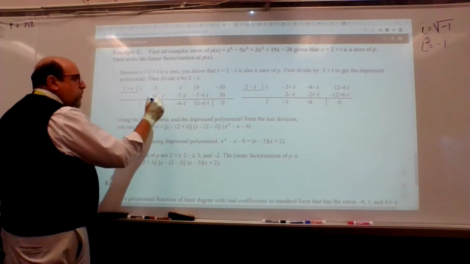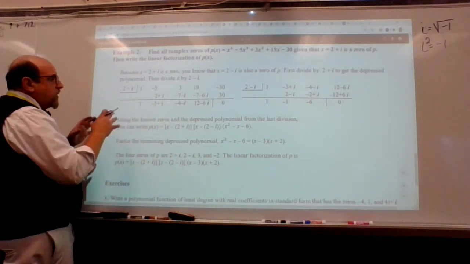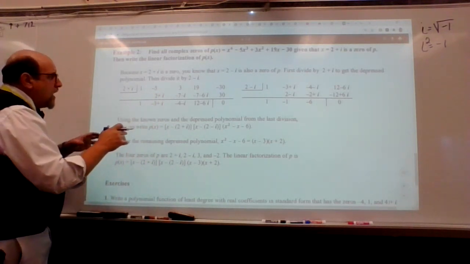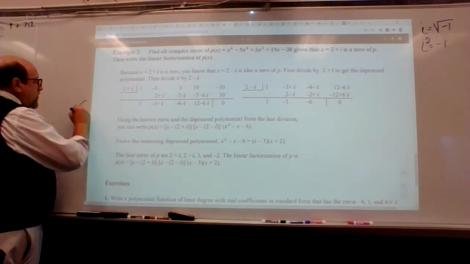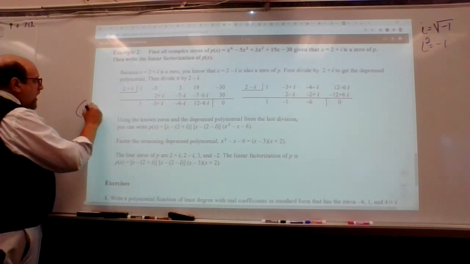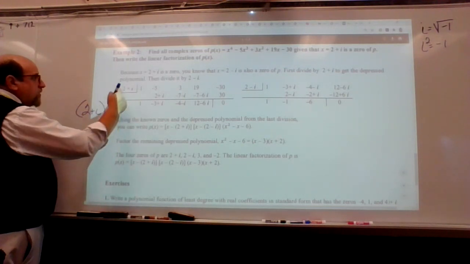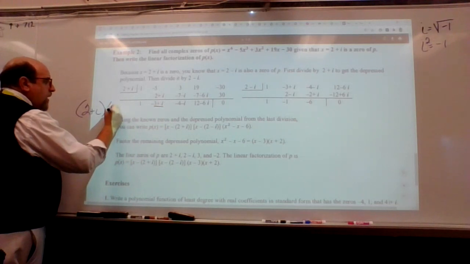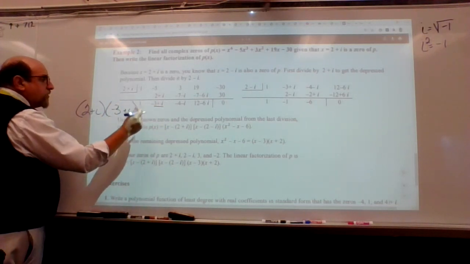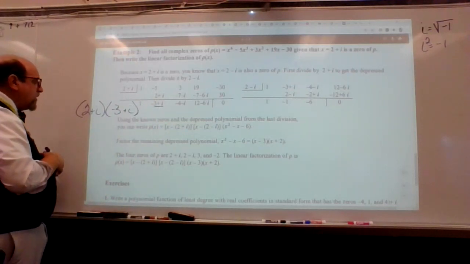Now here's where we run into some fun, and I'm going to take this off to the side and do some FOILing. I hope you can see it. I'm going to FOIL 2 plus i, that's this guy here, by negative 3 plus i. That's what we had left over when we did our addition.